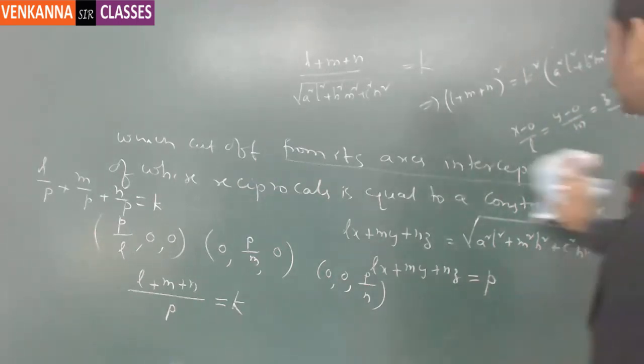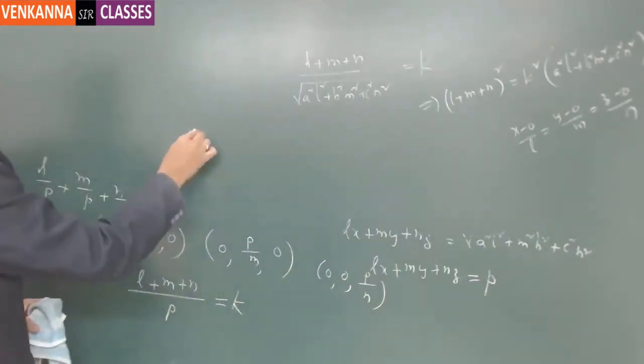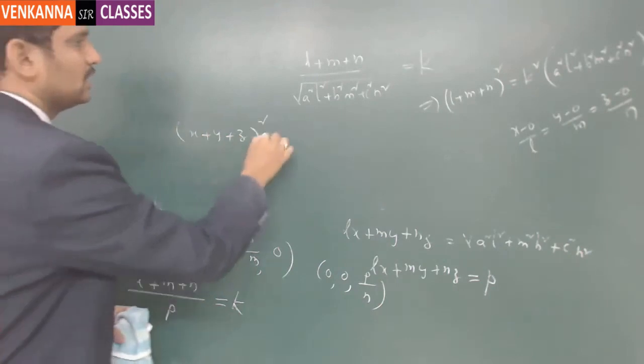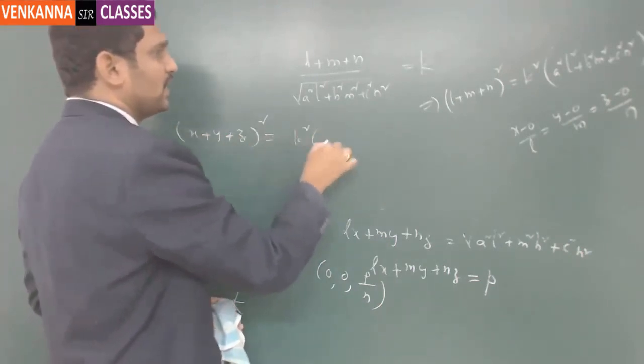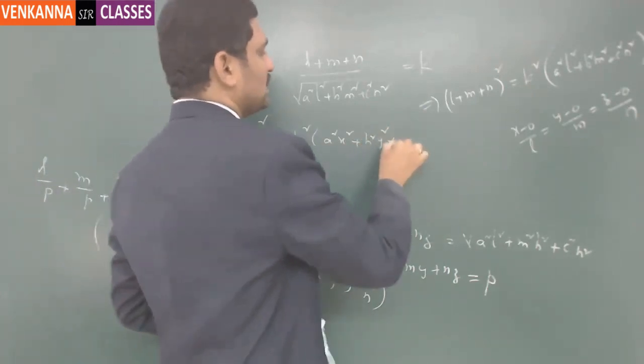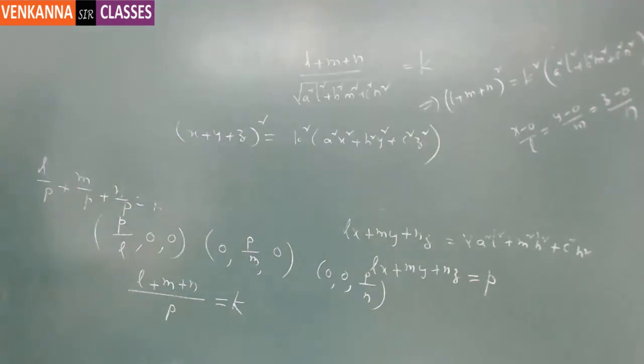So the required locus is nothing but (x + y + z)² = k²(a²x² + b²y² + c²z²). That was the thing. Find the required locus of the point.